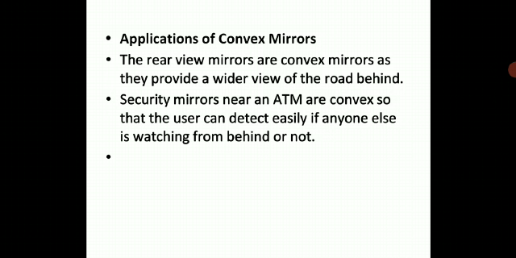Security mirrors near an ATM are convex, so that the user can easily detect if anyone is watching from behind. A very important property of the convex mirror is that it covers a wider field behind you. Though the image formed will be small, you can see what is happening behind you.